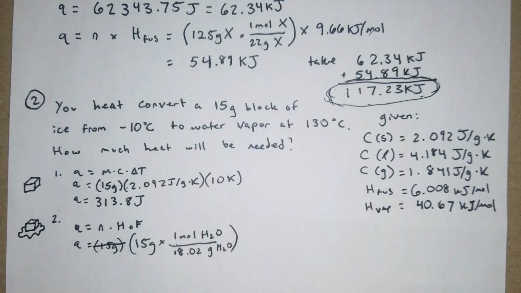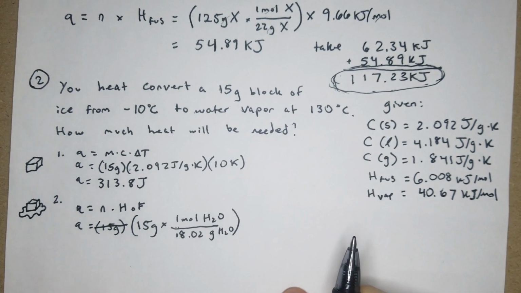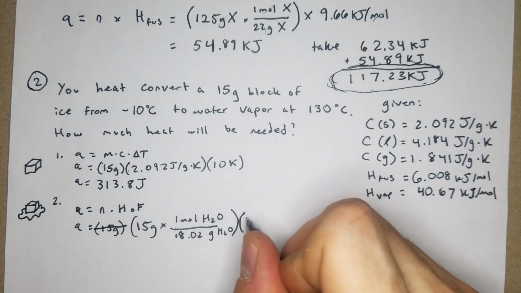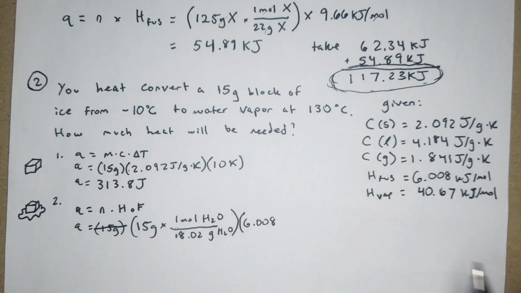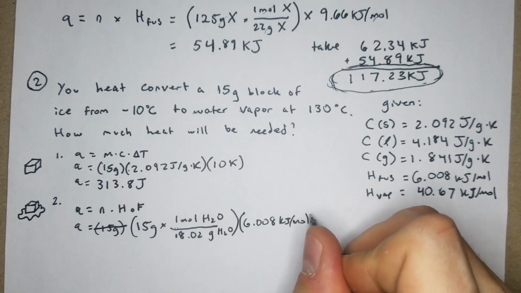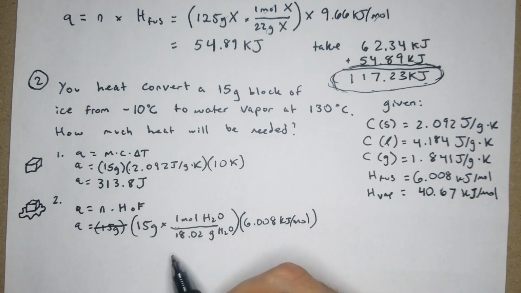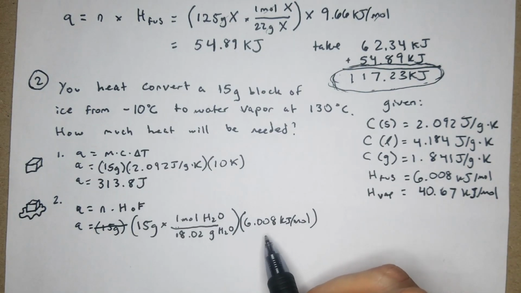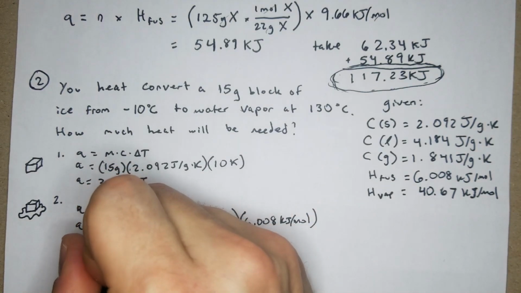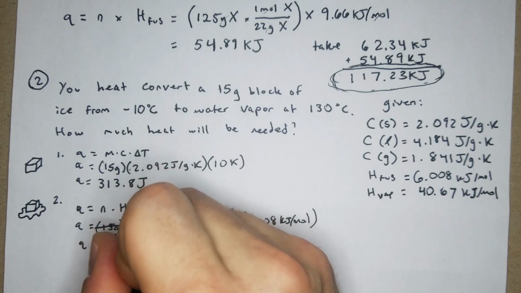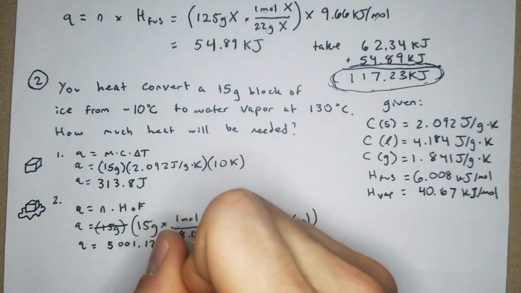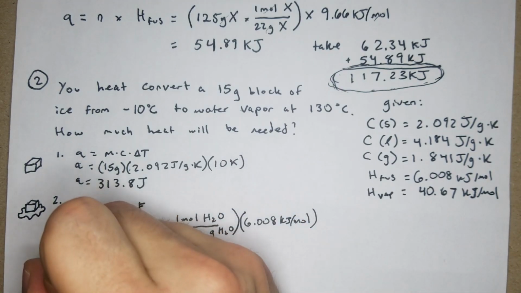This can get kind of tedious if you write out the whole compound each time. Then we multiply that by the heat of fusion, 6.008 kilojoules per mole. 15 times 1 times 6.008 divided by 18.02, we're going to get 5,001.12 joules. We can worry about that later.